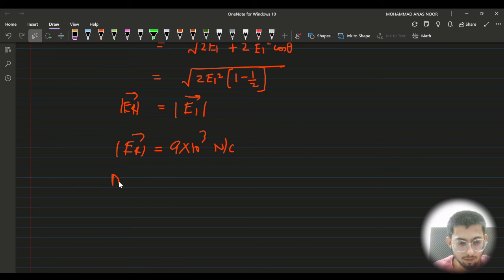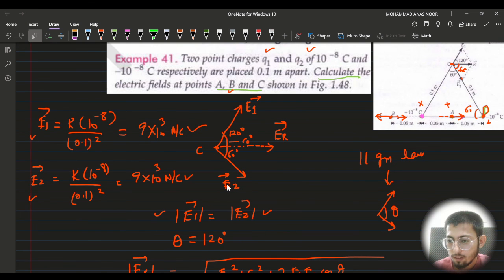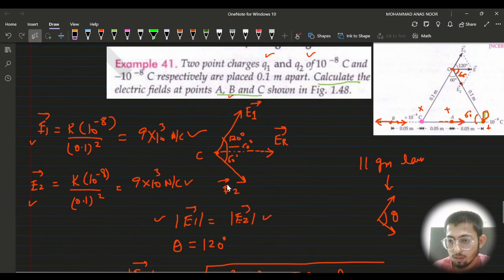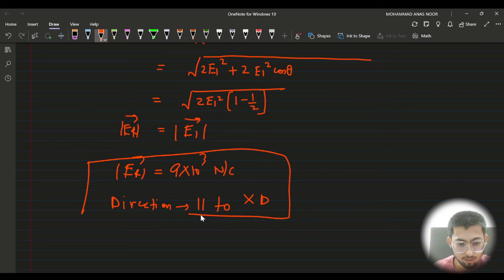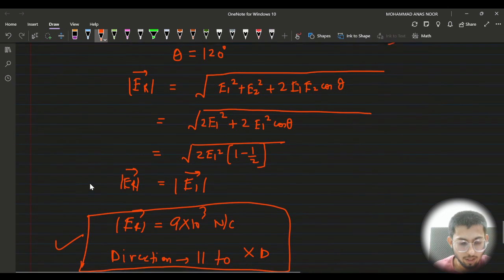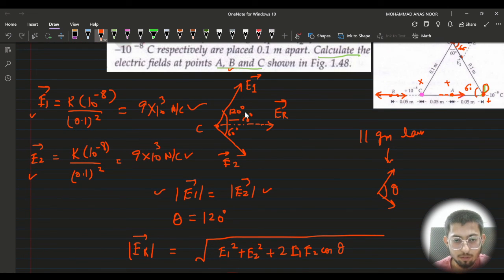And since this is the magnitude, we should specify the direction separately. The direction would be parallel to this line XD. This is the final answer. So you should remember this: when there are two vectors of equal magnitude inclined at 120 degrees, the resultant is equal to either one of them.